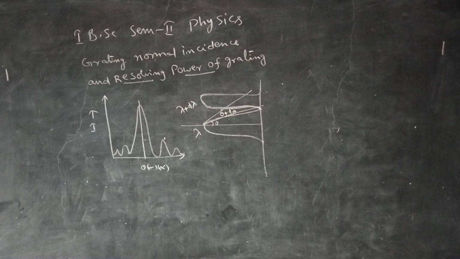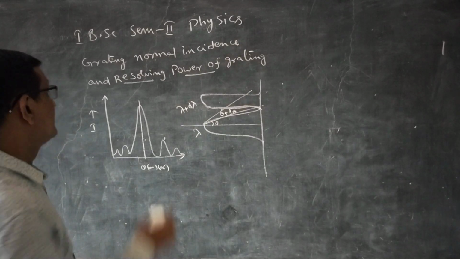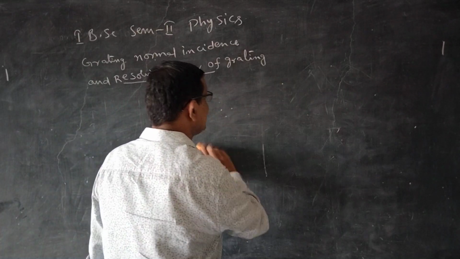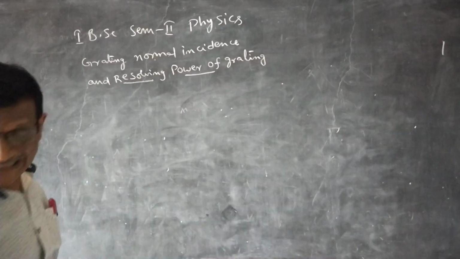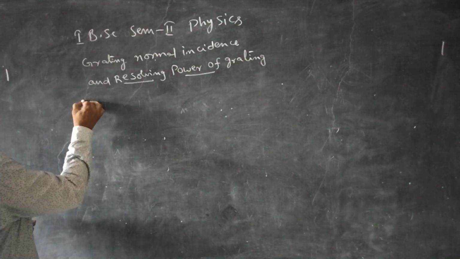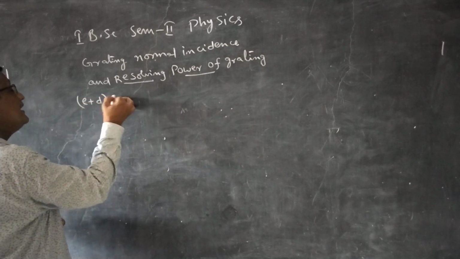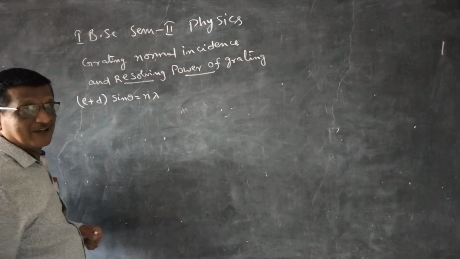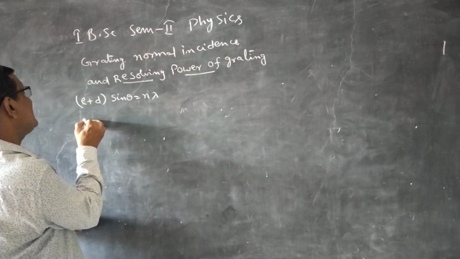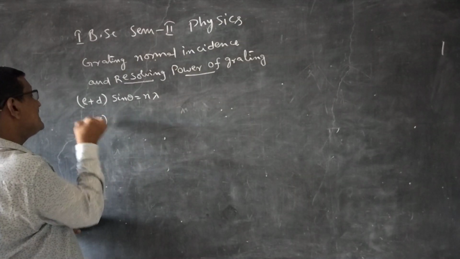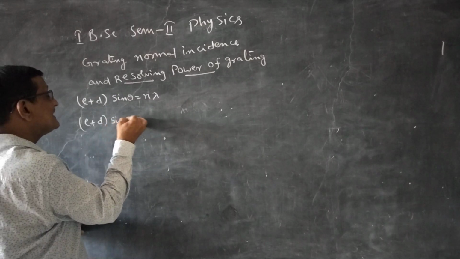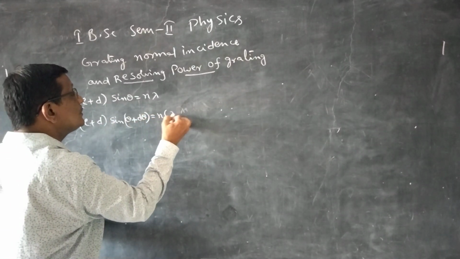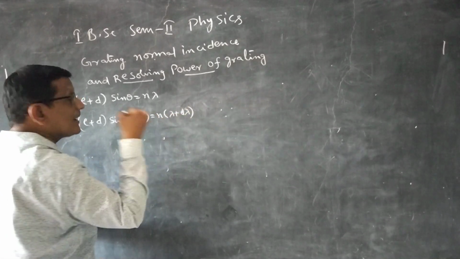Now, from the grating equation, we know that the condition for a bright band is (e + d) sin theta is equal to n lambda. That is for one line. For the successive line, (e + d) sin (theta plus d theta) is equal to n into (lambda plus d lambda).